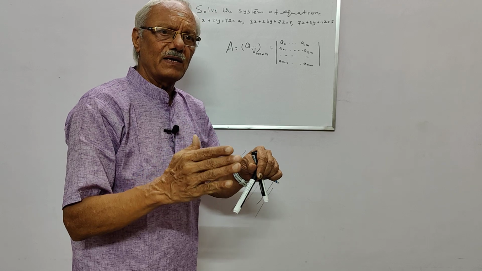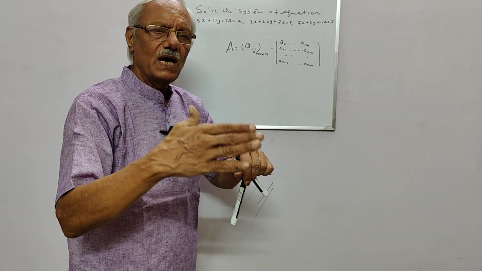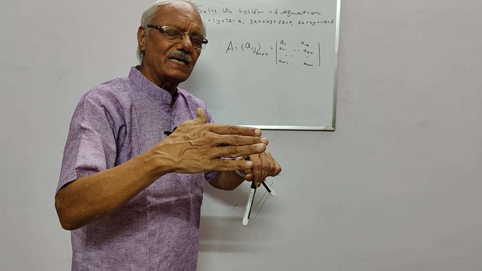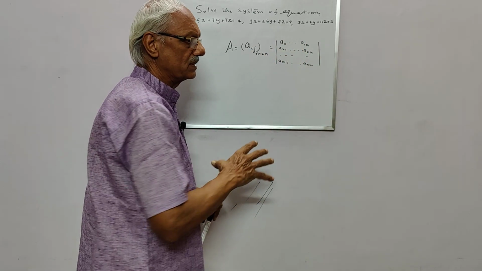If it is a square matrix, then the number of rows must be equal to the number of columns, and we call it a determinant also. Okay, so this is the meaning of this.